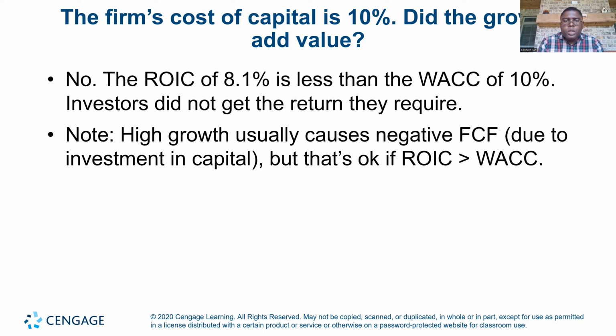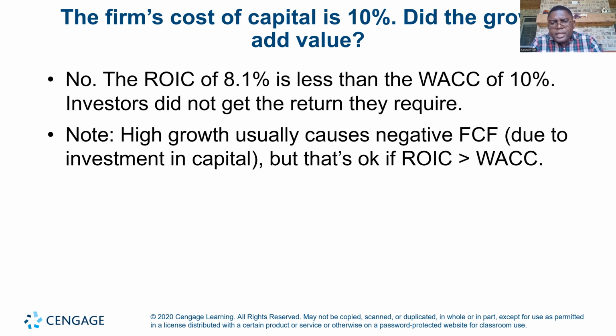The answer is no, because the return on invested capital is 8.1%, which is less than the weighted average cost of capital of 10%. So investors did not get the return they require.